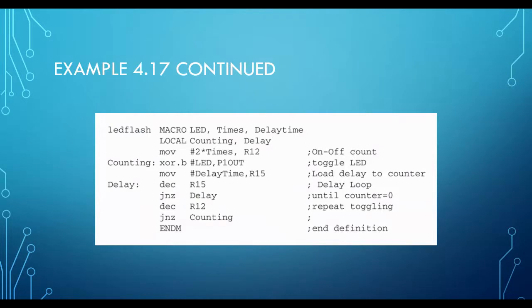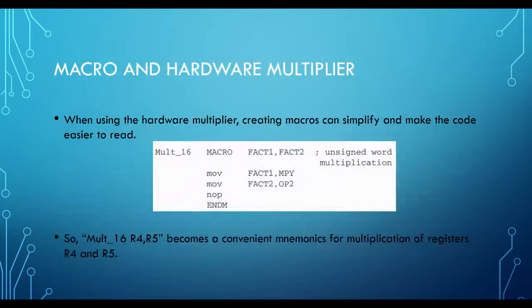It could be the angle, how much angle you want, and it will output the correct pulse rate to make it spin at a certain angle. So this is an example. Think about this: what other macros can you write to make your life simpler? It could be other things.